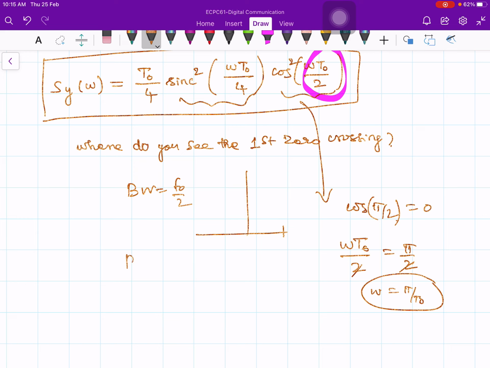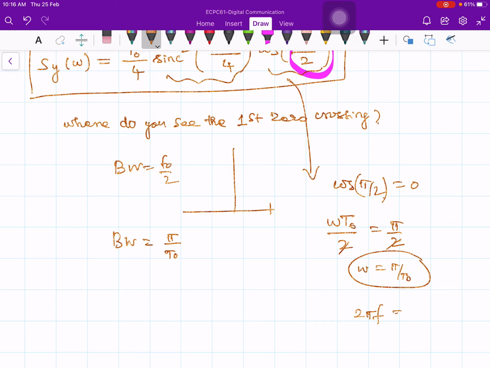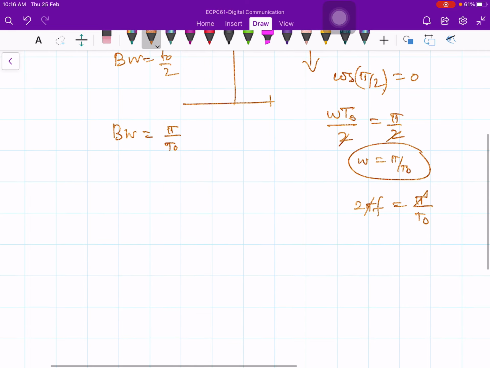So this is a point at which the first zero crossing occurs. Therefore I can say the bandwidth is equal to pi by t0, or you can write omega is equal to 2 pi f, which is pi by t0, pi and pi will get cancelled. So f is equal to 1 over 2 t0, that is f0 by 2. This is a point at which the first zero crossing occurs.